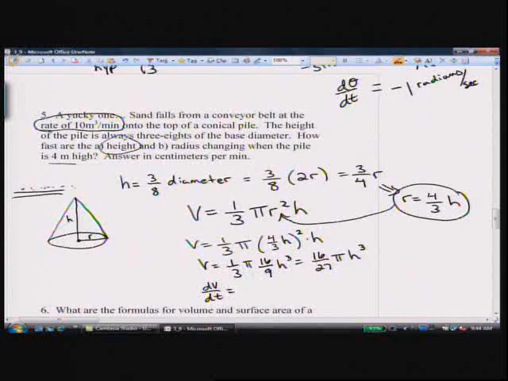So then dV/dt is equal to, the 3 comes in front and cancels with that, so that's going to be 16/9 pi h squared dh/dt. Everyone okay? Okay, and then do I know anything? Can I plug anything in?